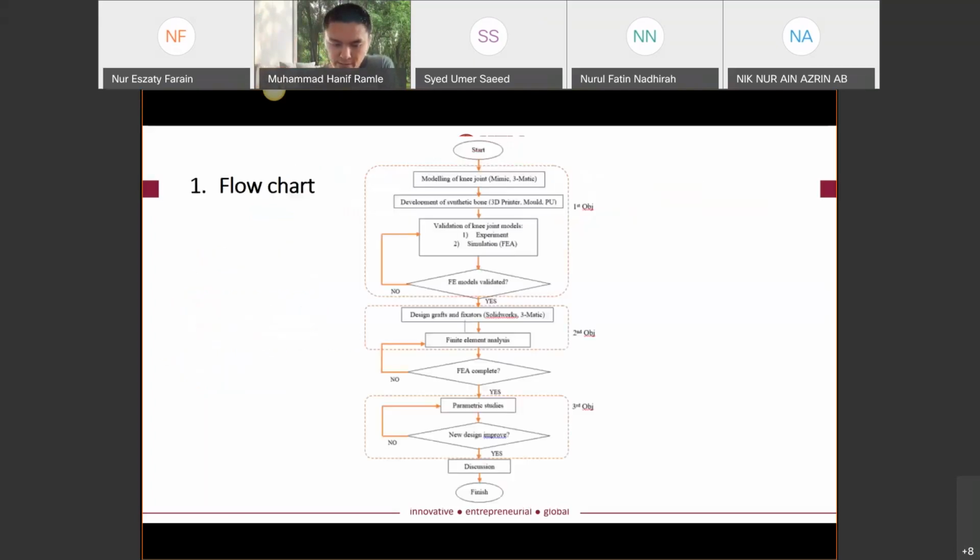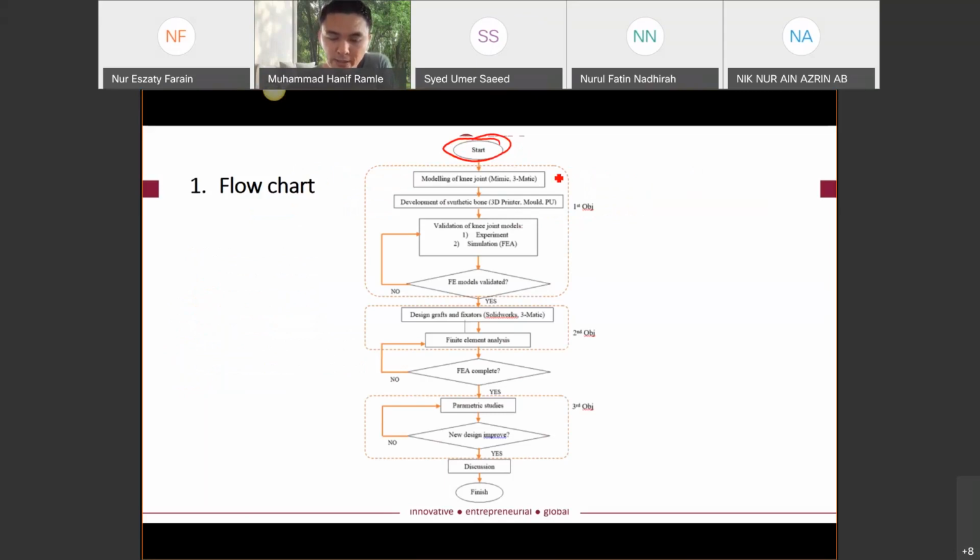So this is an example of a flow chart. Start with this circle, and then you have some action to be done for your research. In this case it is about biomaterial, biomechanics.